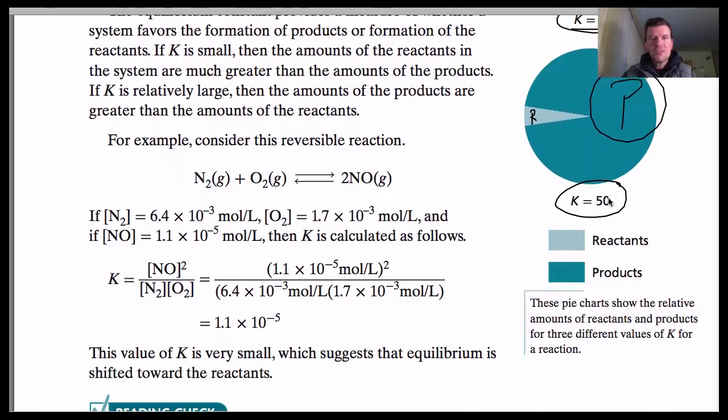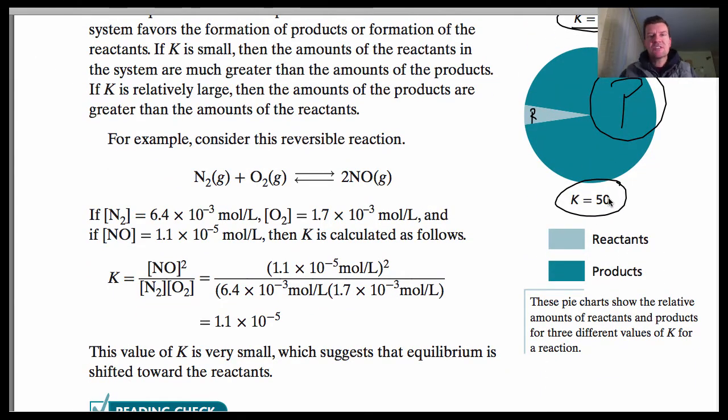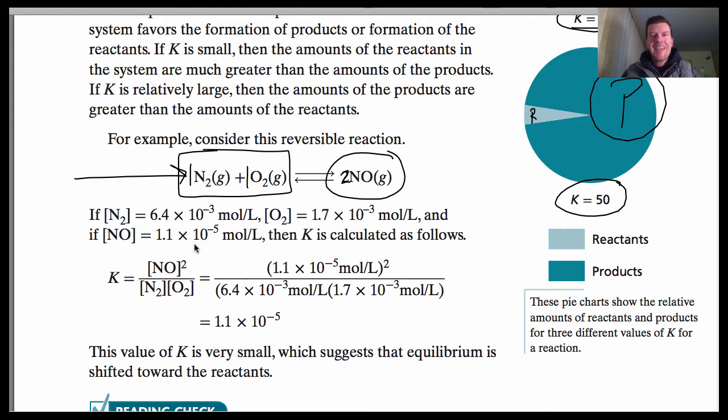Okay? So let's see how we do this calculation. Here we have a reversible reaction right there. And look at our coefficients, 1, 1, and 2. Here is your only product, and we have 2 reactants. So if we want to find our K value, we might be told what the concentrations are at equilibrium.